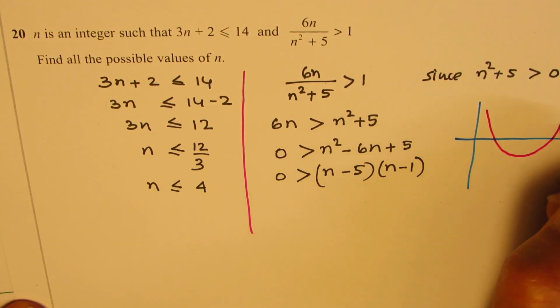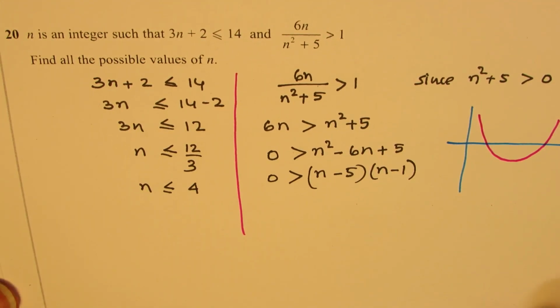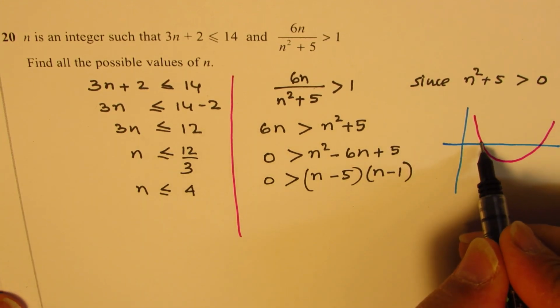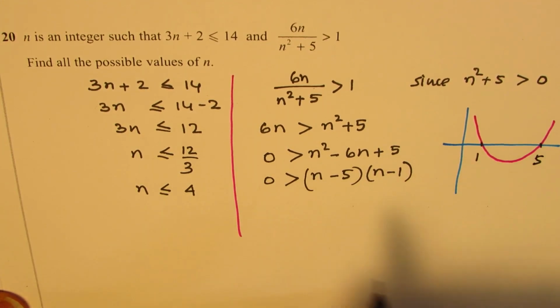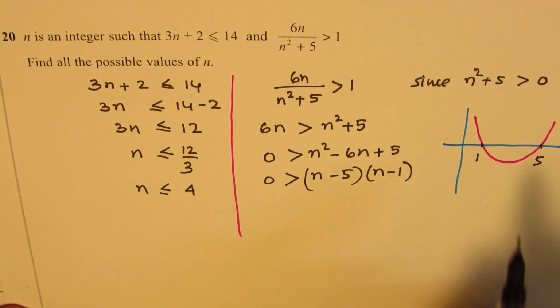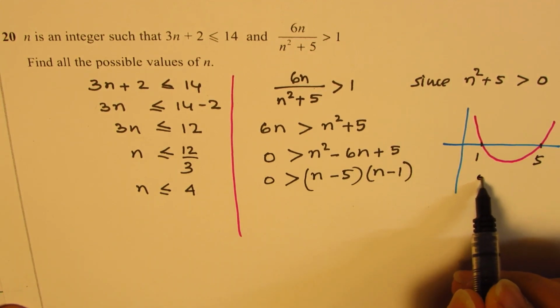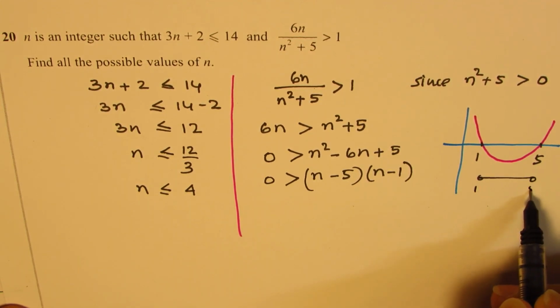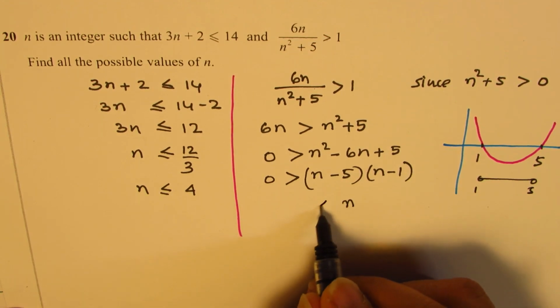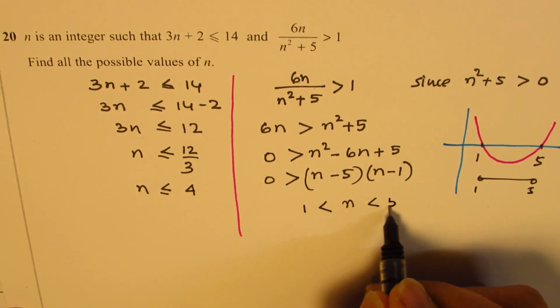It's kind of like this. So this parabola will have zeros at 1 and 5. We want this value to be less than 0. So that means anywhere in between these two values, 1 and 5. So the value of n is greater than 1 and less than 5.